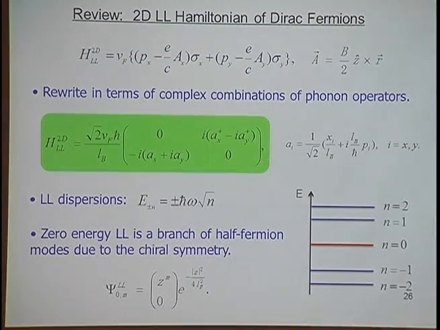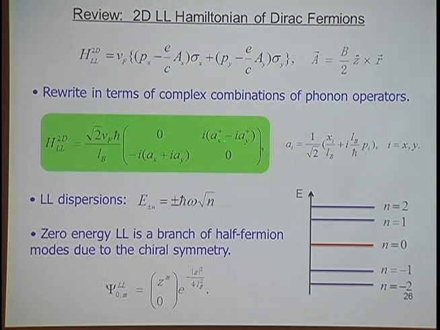Again, let's look at the 2 dimensions. This Dirac Hamiltonian is put in the magnetic field, and we know that in solid state we have a real system of graphene. Again, for this vector potential, I take the symmetric gauge by the minimal coupling. If we use the harmonic oscillator creation and annihilation operators, this Hamiltonian can be conveniently represented in this way.